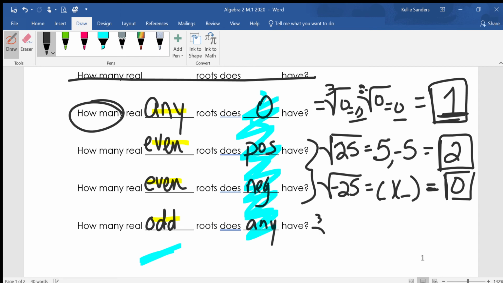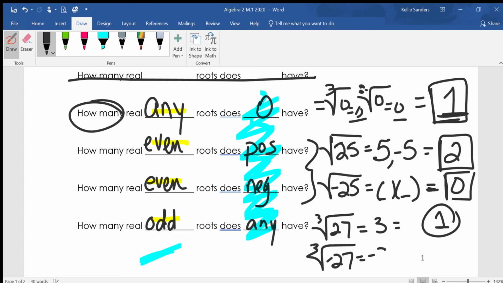If you have the cube root of, let's say, 27, that would be 3, which was one answer. Or the cube root of -27 is -3, and that is one answer. So if this number is 0, we don't care what this number is. Your answer is going to be 1 if it's asking how many.